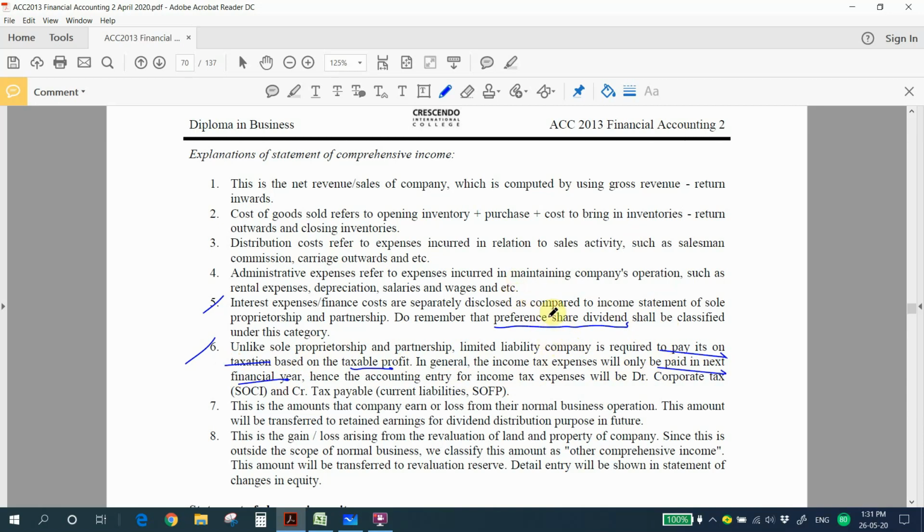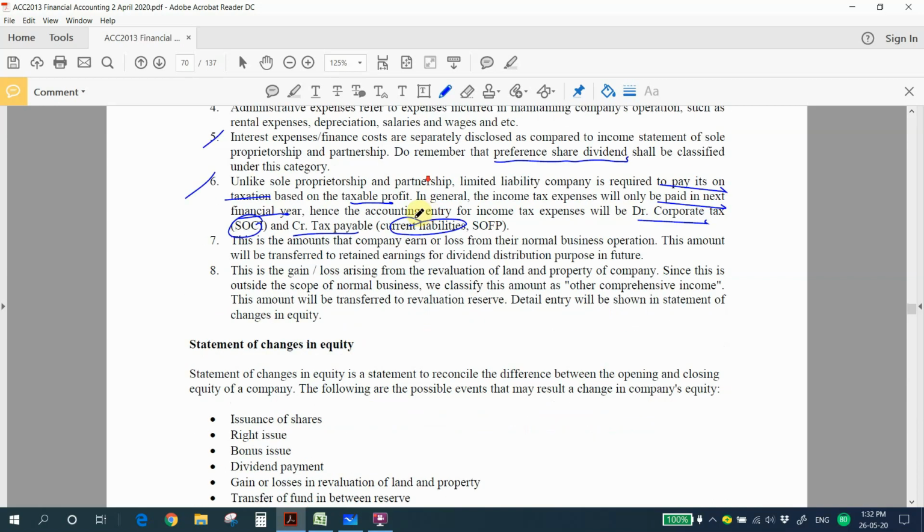So this is the practice: this year's taxation we pay next year. Hence, the accounting entry for income tax is we debit the corporate taxation, which is under your statement of comprehensive income, and credit tax payable, which is under your current liability. And that's all for the explanation of the statement of comprehensive income.